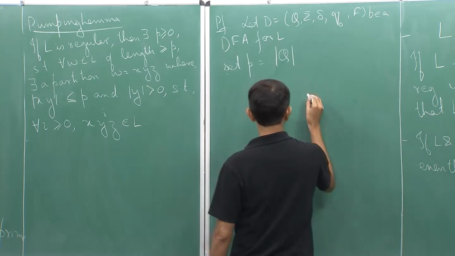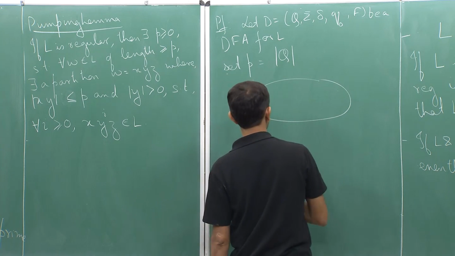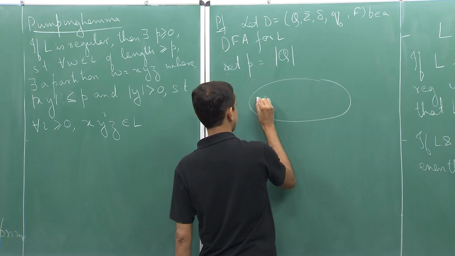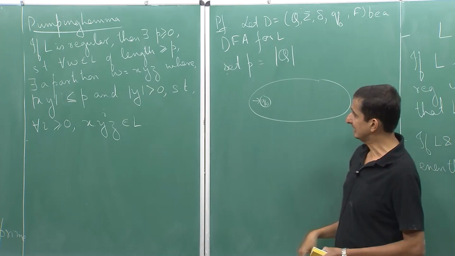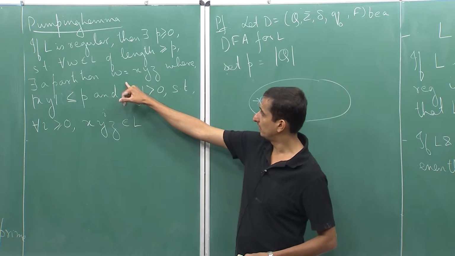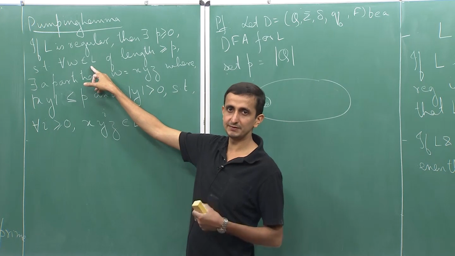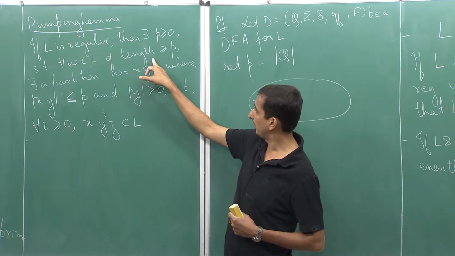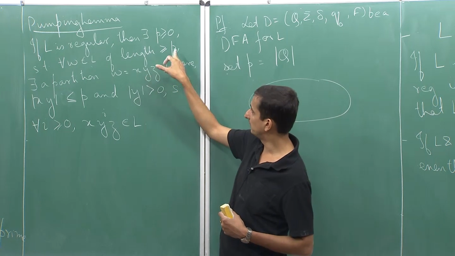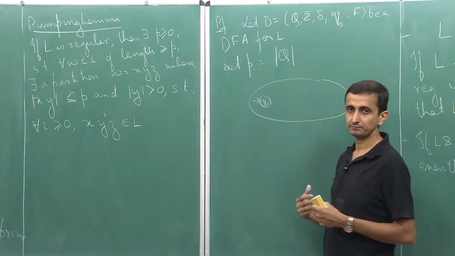Let us look at it in a pictorial manner first. Let us say that this is my DFA, and here is my start state q0. If I take a string w that belongs to the language L, which means that it is accepted by the DFA, and it has length greater than or equal to p, what does it mean?